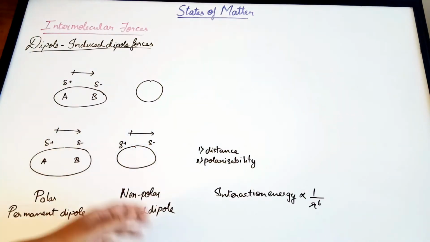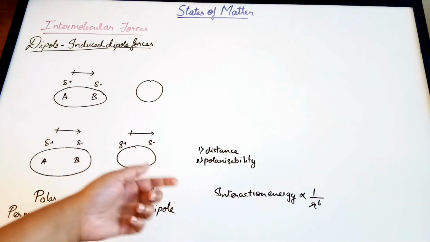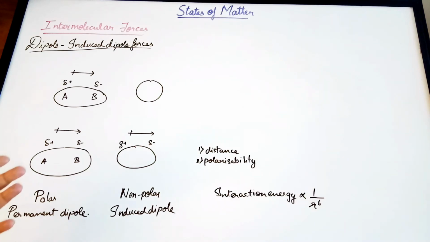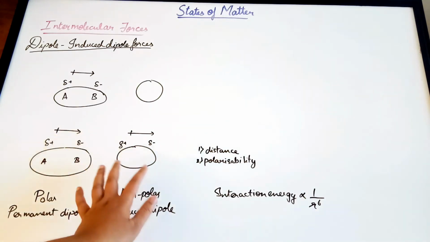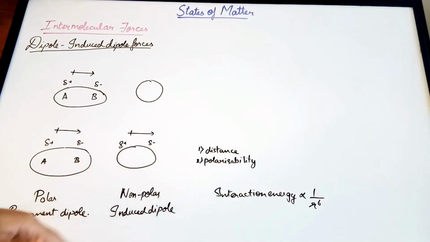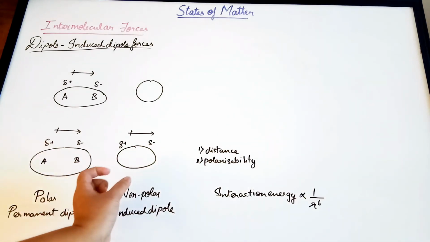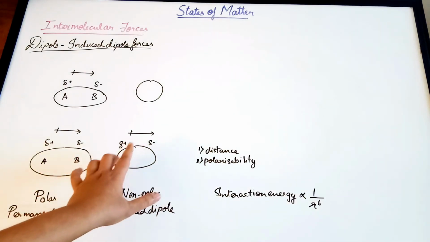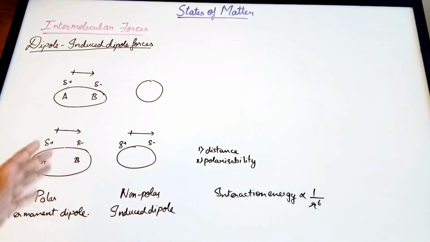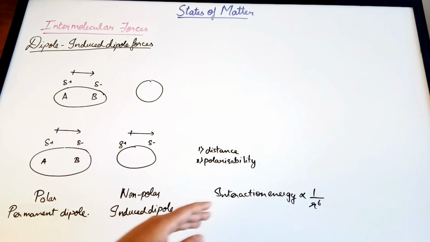The strength of this is dependent upon the distance: the closer they are, the stronger it will be, and on the polarizability of the non-polar molecule. The more polarizable the non-polar molecule is, the easier it will be for us to get the partial positive and negative charge, and the more will be the attraction. The interaction energy is inversely proportional to the distance to the power 6.